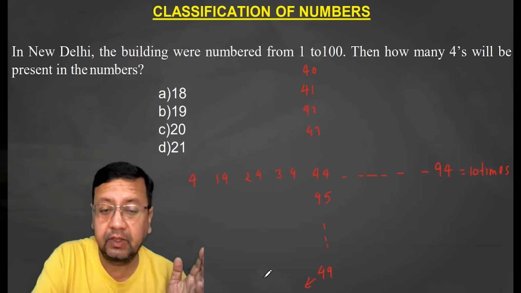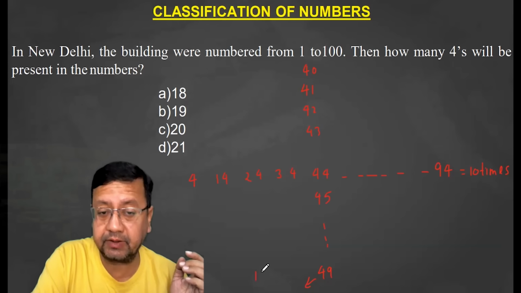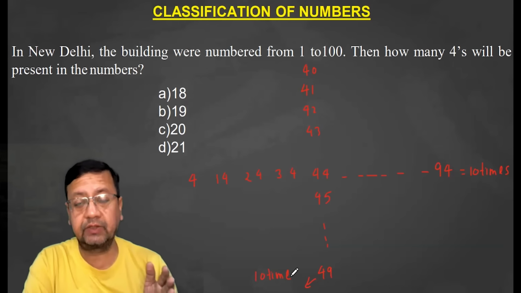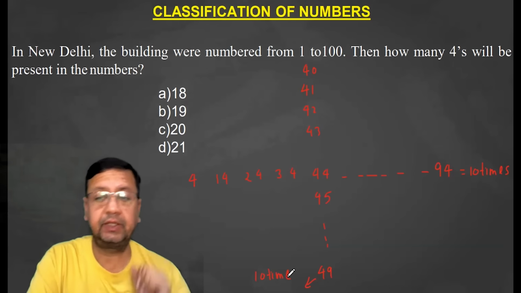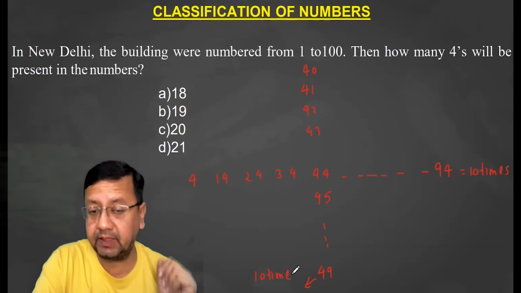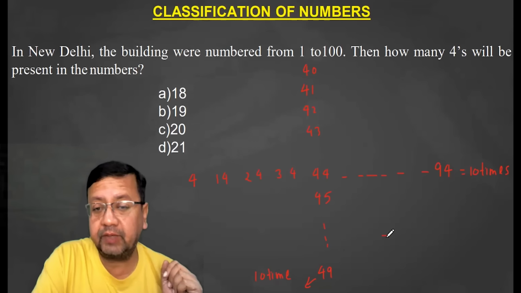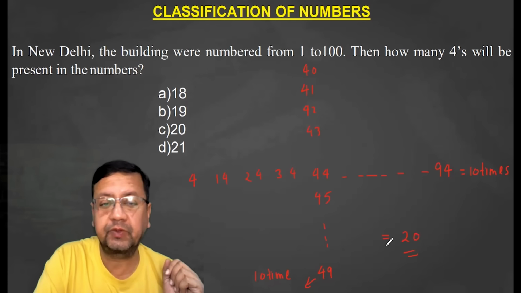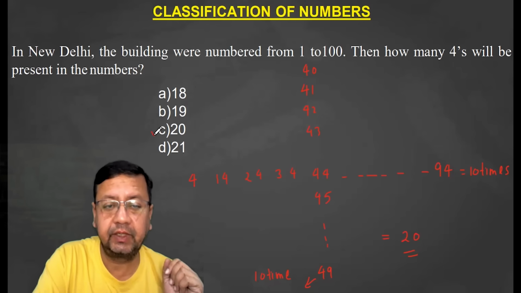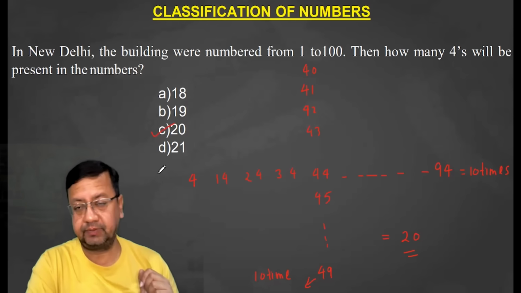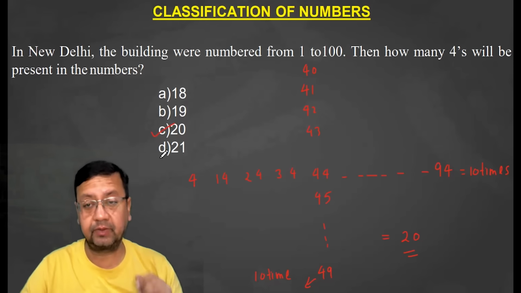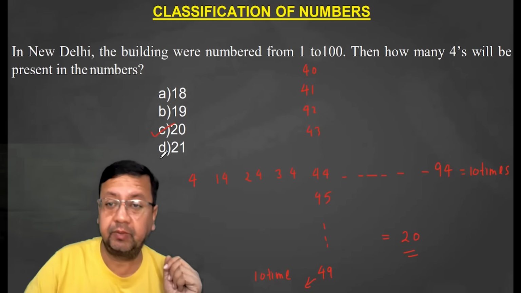This is the tens place, right? So digit 4 is written 10 times at the unit place, 10 times at the tens place. So how many times are we writing? This is a total of 20 times, right? So option 3 will be the correct answer, right? Got this? Option 3, 20 will be the correct answer.